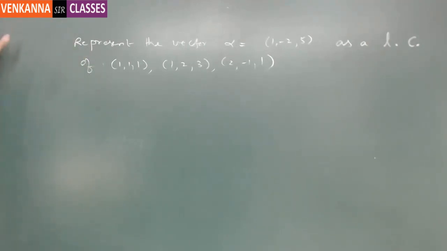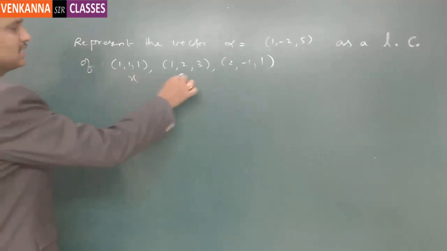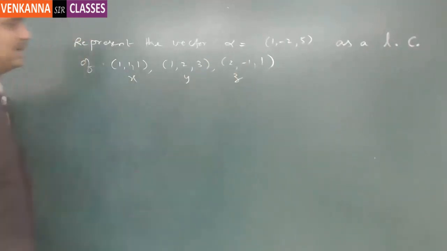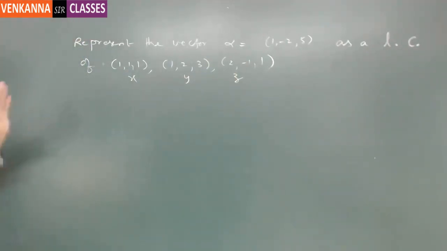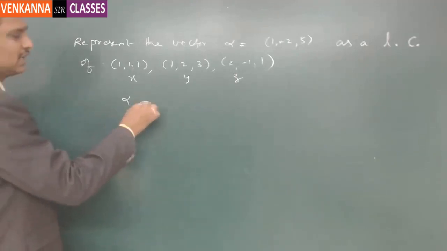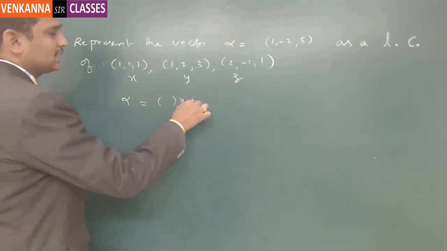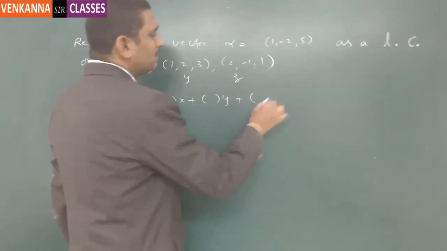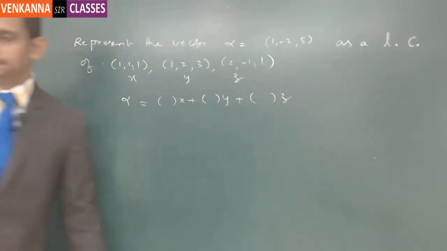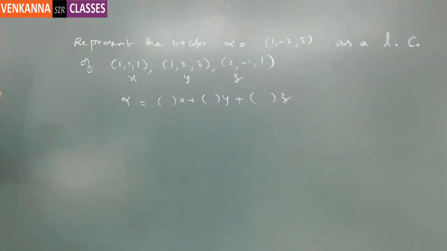Let us give names for convenience. Say this is x, this is y, this is z. So you have to write alpha is equal to some number into x plus some number into y plus some number into z. If it is possible to find the numbers, or if we have proved that the numbers exist, then it is called a linear combination.